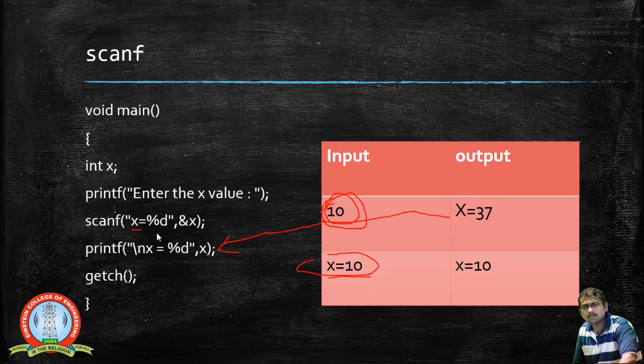This x equal to will get matched up with the x equal to in the scanf statement, and this 10 will get assigned to the memory address of x. Then only you will get the value of x is equal to 10. Suppose you enter only 10, you won't get x is equal to 10. You will get some value like x is equal to 37.